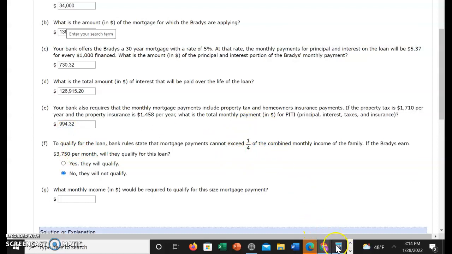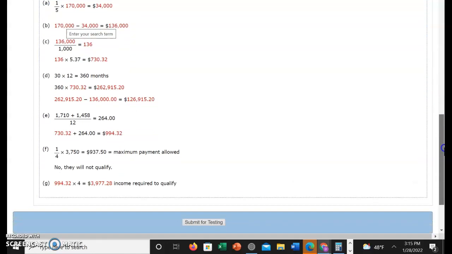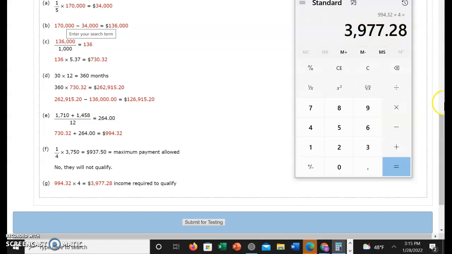So $994.32 times 4. They would need to make this amount in monthly income. It needs to be 4 times what your mortgage payment is. $3,977.28.